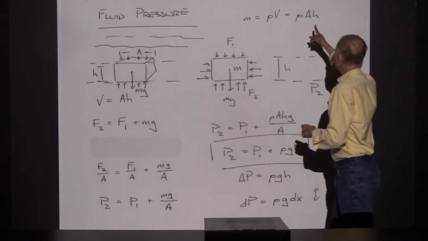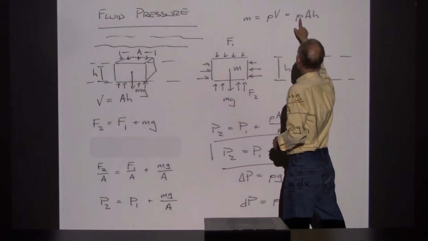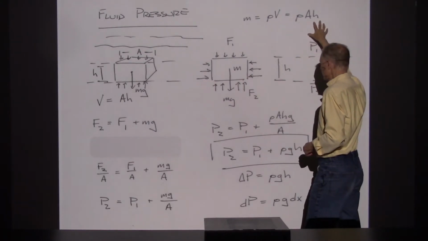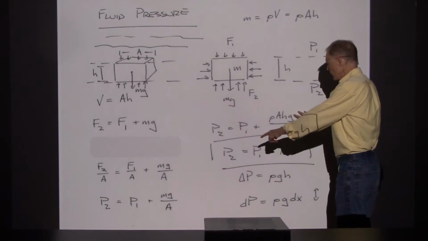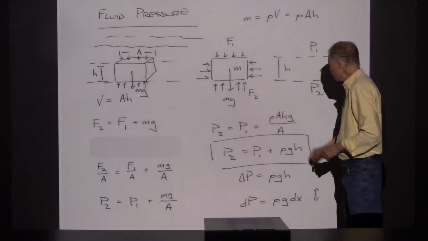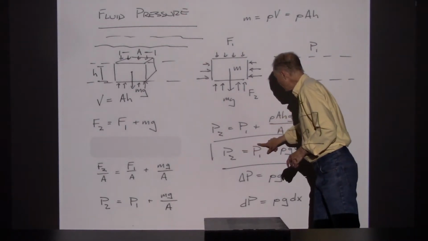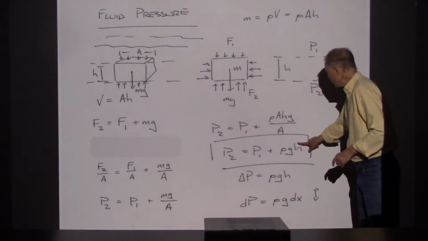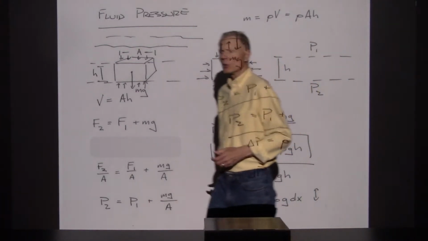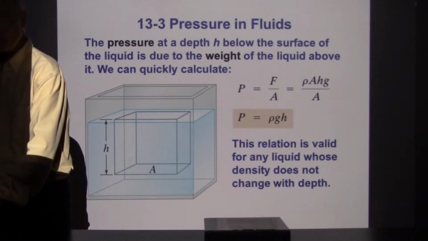So here we go, there it is. Mass is equal to density times volume. And so volume is cross-sectional area times height. And I can substitute all of that in. And so here I can cross out the cross-sectional area, and it says that the pressure from below equals the pressure from above plus rho g h, and that's where that formula comes from. So here is the derivation of the formula that they have.